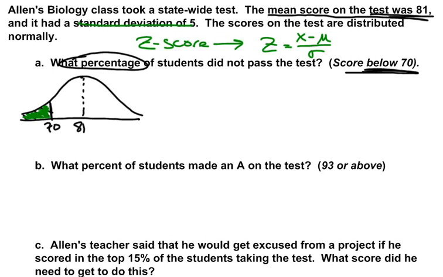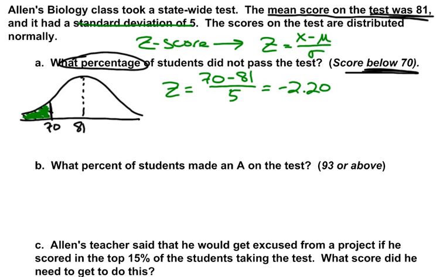So we'll apply that to this problem by saying that Z would be equal to the value that we're concerned about, 70, minus the mean, which was 81, divided by the standard deviation, which was not 6 but 5. Sorry. So that works out to be 70 minus 81 divided by 5. That gives us negative 2.2. And you can put a 0 after that if you like, but that's negative 2.20.